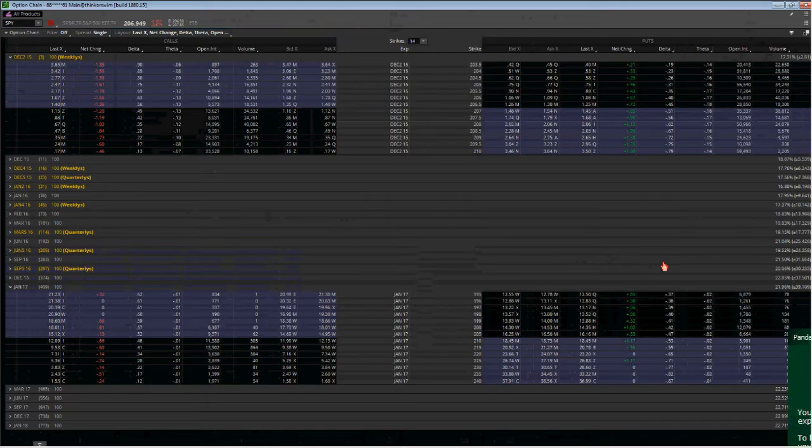The open interest, I actually use that more than the volume, but I use it in a simple correlation. Some people get all worked up when they see a single burst of volume in some contracts. They think that means they should follow it.